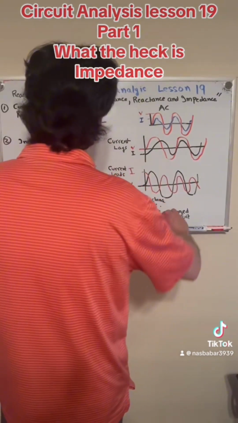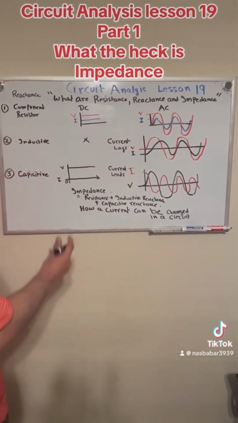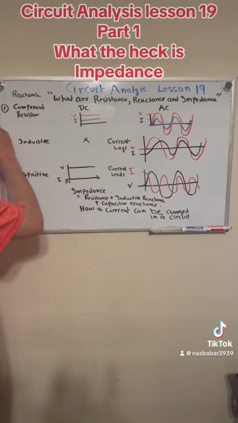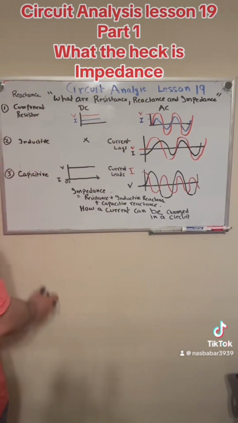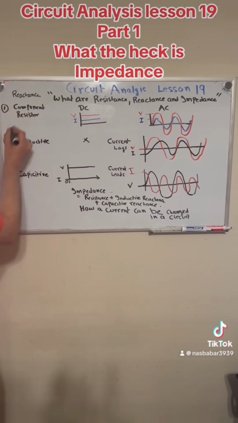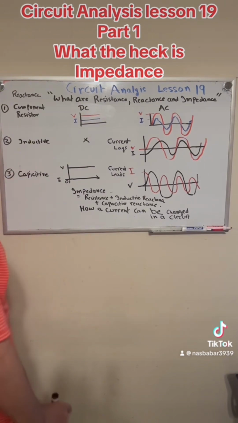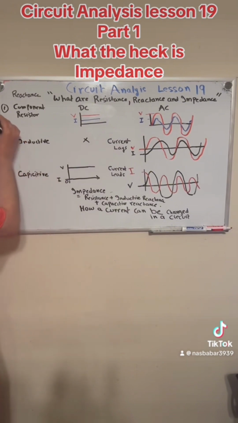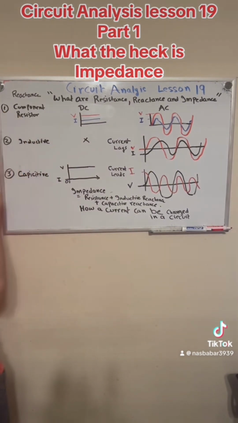What I have right here is rows and columns. In the rows, I have resistor, inductive reactance, capacitive reactance, and so forth. Let's look at the first component, the resistor.